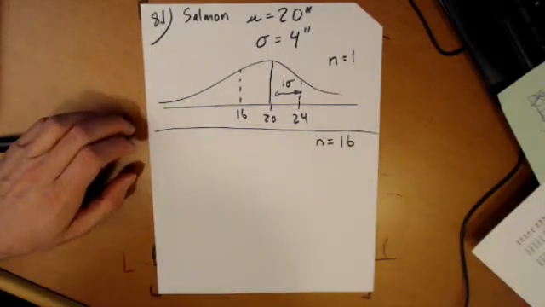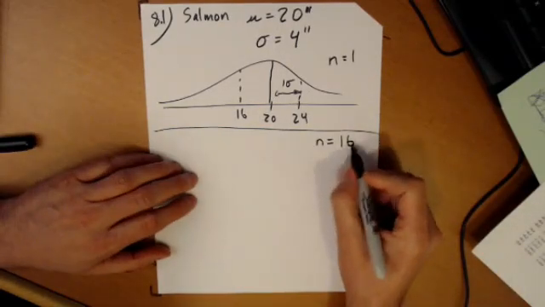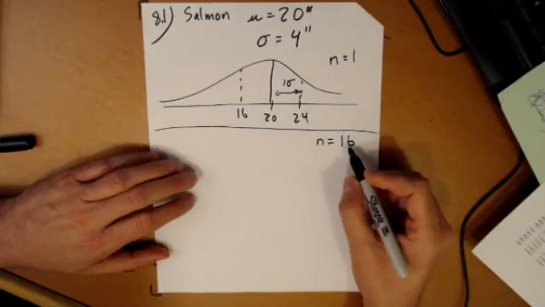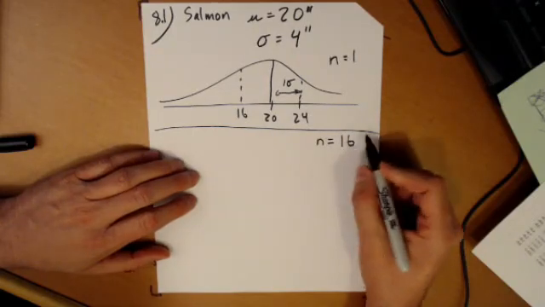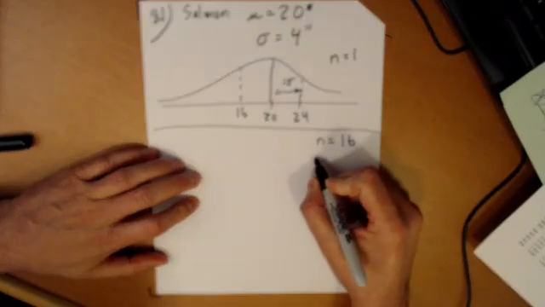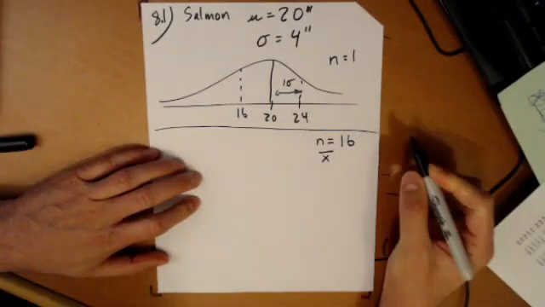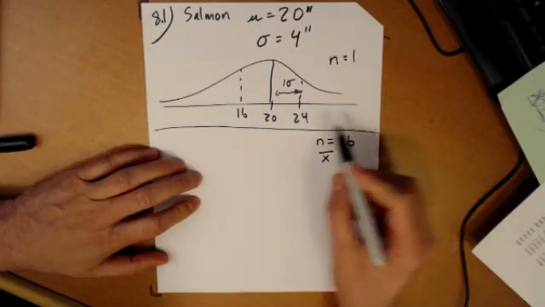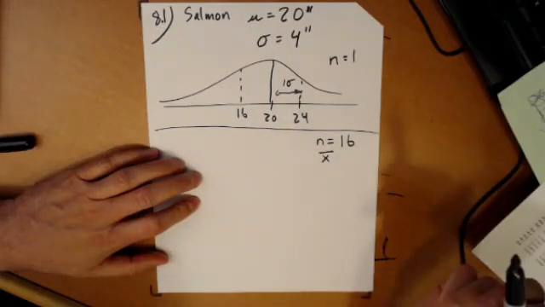Imagine if I were to look at 16 salmon, that's a lot of them. Maybe you get a randomly really big salmon, you'd probably get a randomly really small salmon. So the X bar, the average of 16 salmon, should be really, really close to 20.